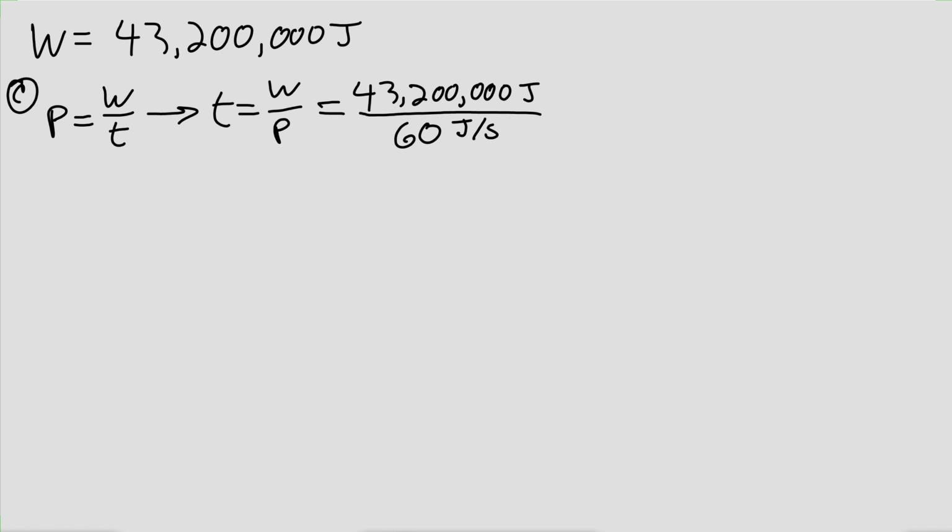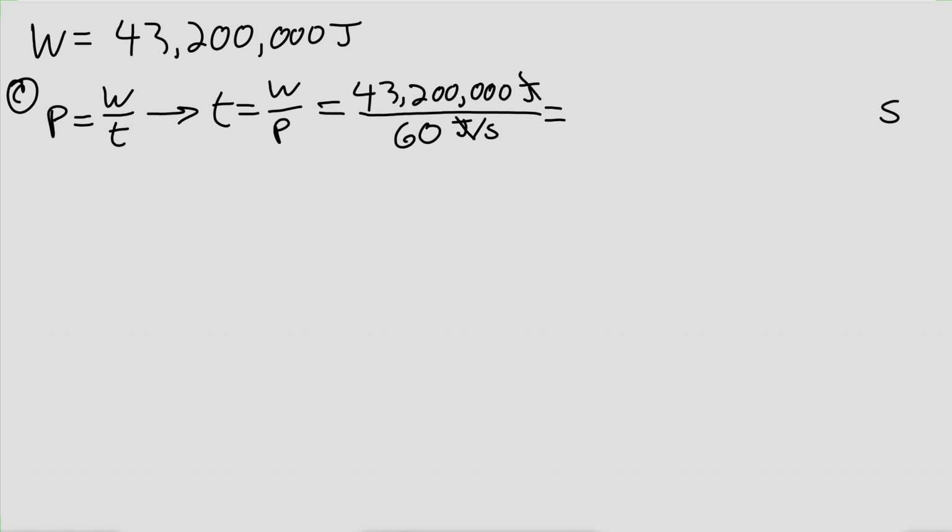This is kind of a field goal post problem, but maybe not even really. On the top our units were joules, and on the bottom we had joules per second, so the joules are going to go away. We're going to get an answer in units of seconds.